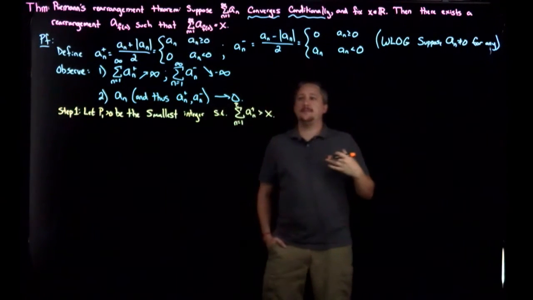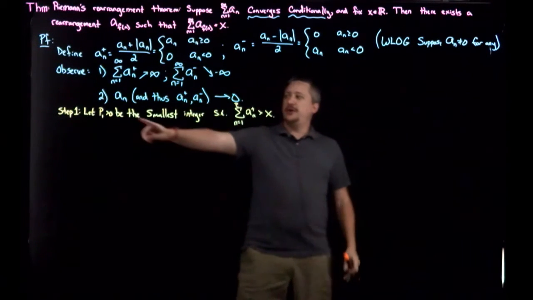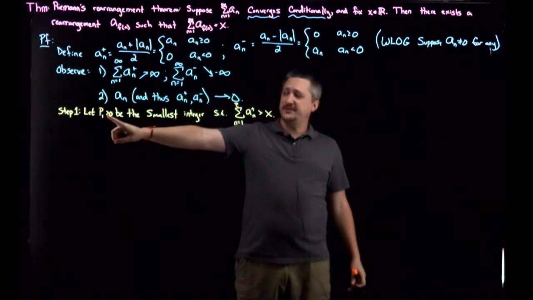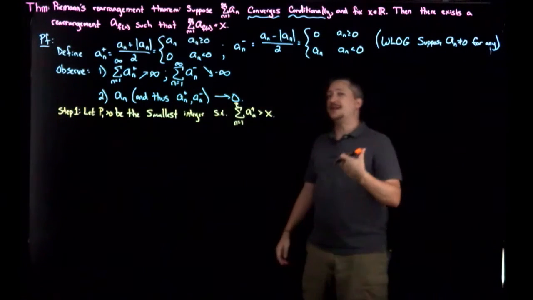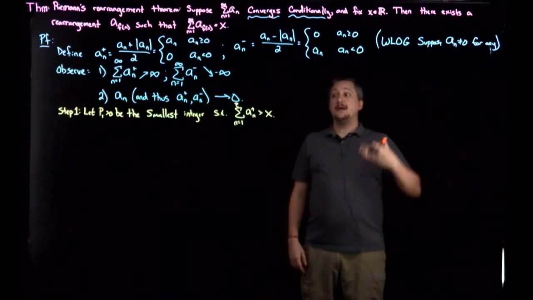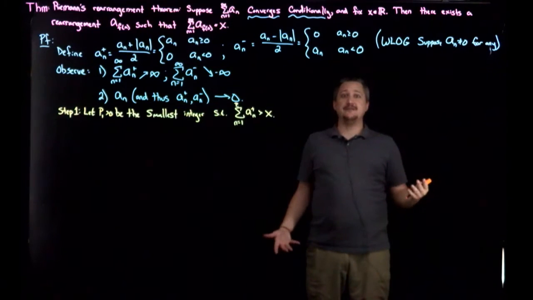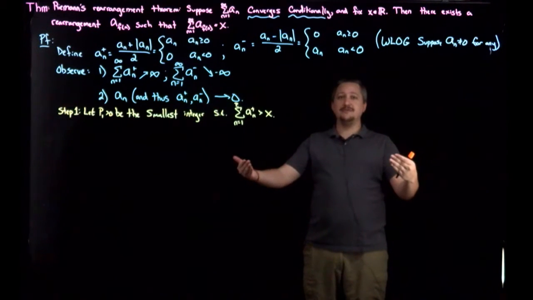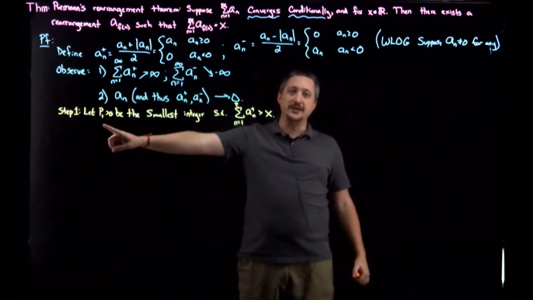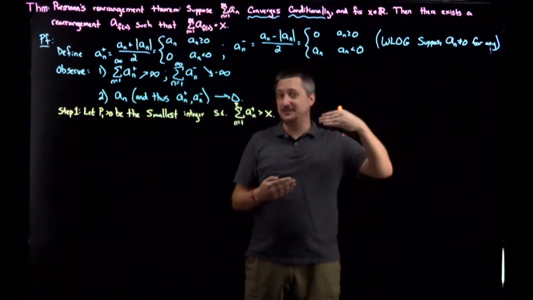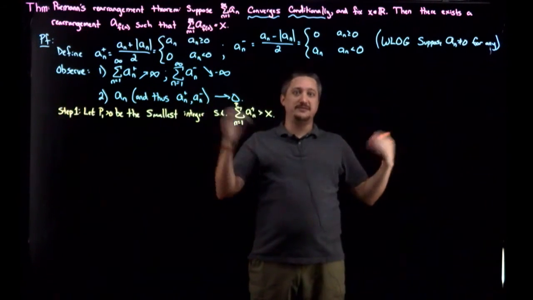Pay attention to these inequalities, because this is going to be important. So what I'm saying is add up enough positive terms, where enough is at least 1, because it has to be a number strictly larger than 0 that's an integer. So I'm adding at least one term, but as many as needed to be bigger than x from the positive list of numbers, okay? So if x is -7, then adding any number of positive numbers makes it bigger. So this P1 would be 1, because it has to be at least 1, and the first time I sum anything, even if that sum is 0, I'm still going to have 0 greater than -7, so I'm done, right?